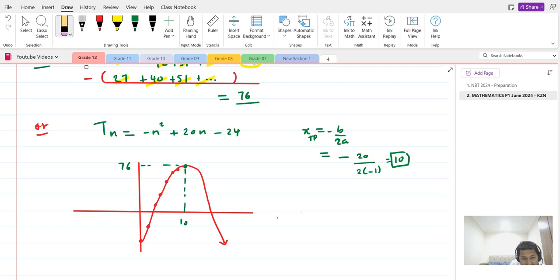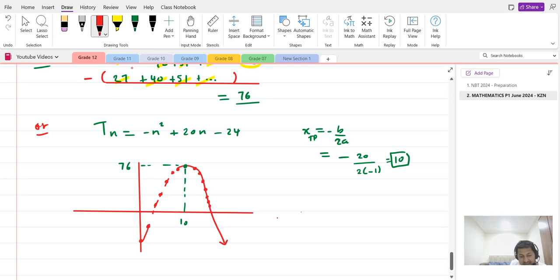Remember, the graph is supposed to be dotted, because n is an element of the natural numbers. So the 9th and 11th terms cancel out because of symmetry, and the 8th and 12th terms cancel out. The terms cancel out according to this.